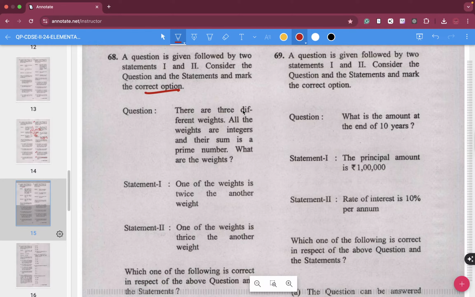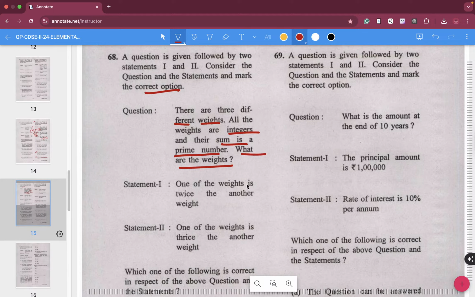Over here there are 3 different weights. All the weights are integers and their sum is a prime number. What are the weights is what they are asking.